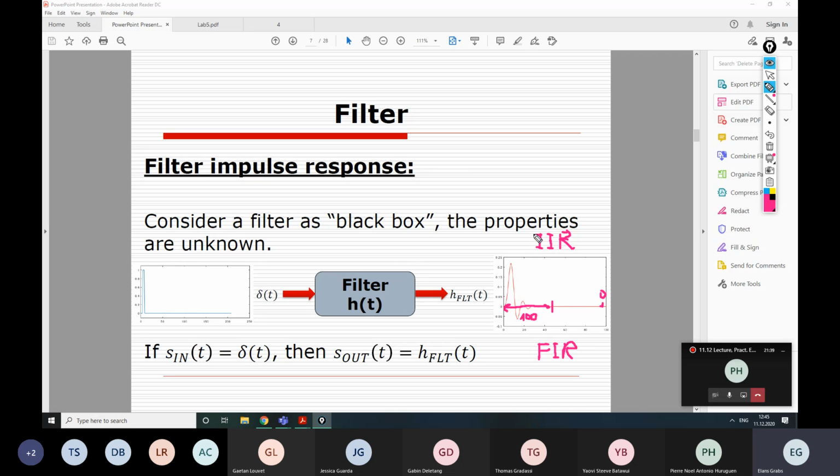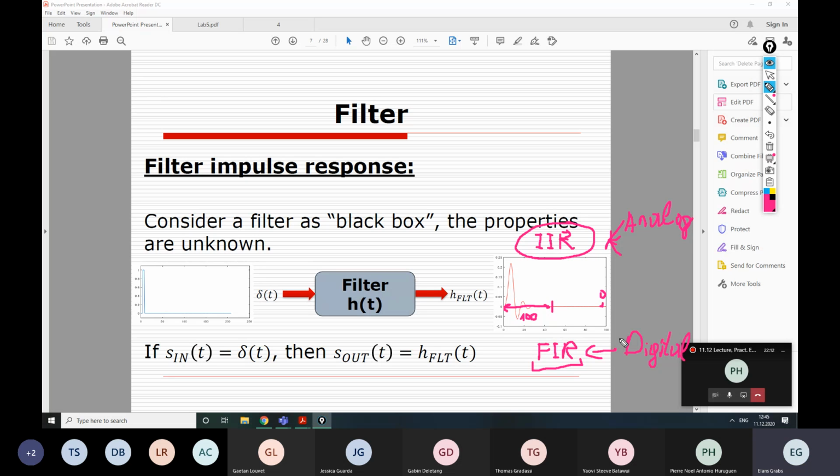So most of the analog filters, well, in fact, all analog filters are infinite impulse response filters. And it's impossible to design a finite impulse response filter in analog form. So finite impulse response filters can be only digital, right? And well, infinite impulse response can be both analog and digital.